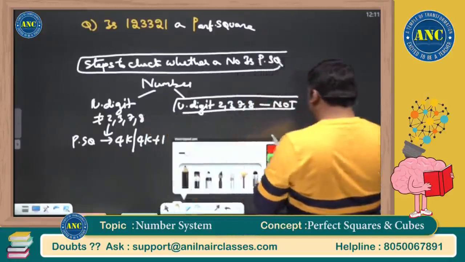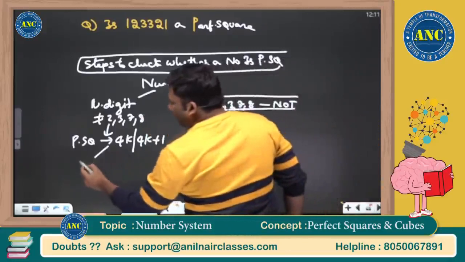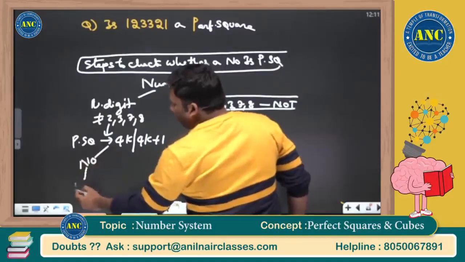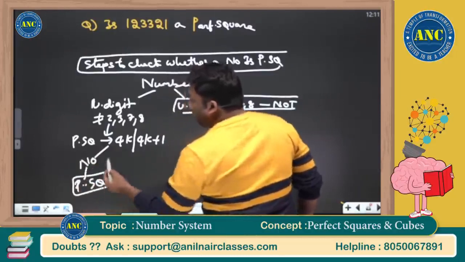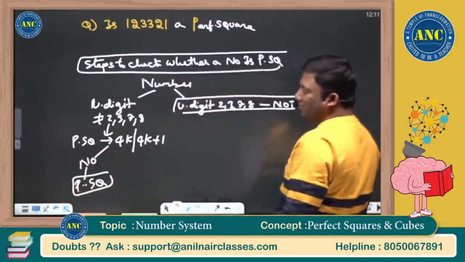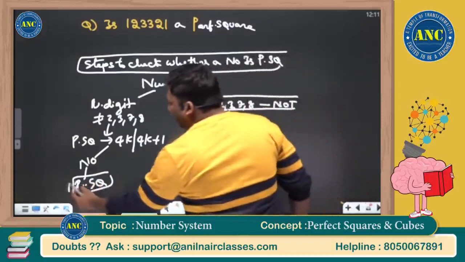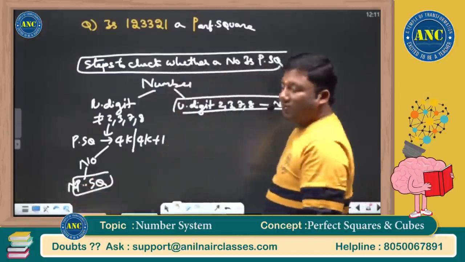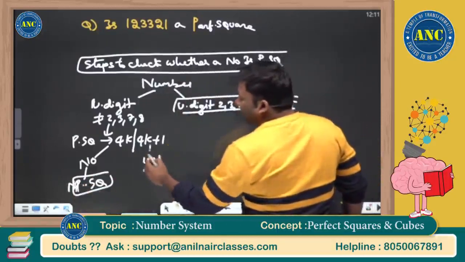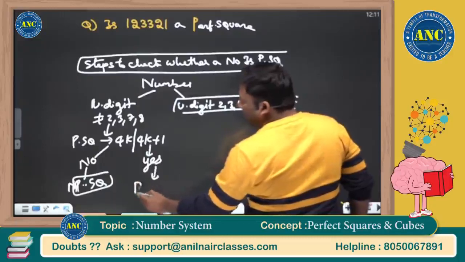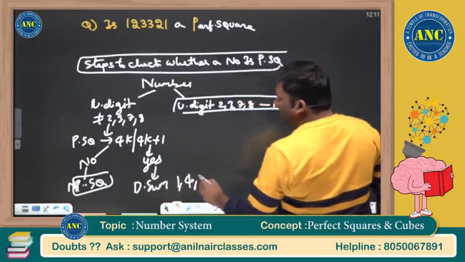Many students do not know this flow chart. If the number is not of the form 4k or 4k plus 1, then it is not a perfect square. If it is of the form 4k or 4k plus 1, then use the logic of digital sum 1, 4, 7 or 9.